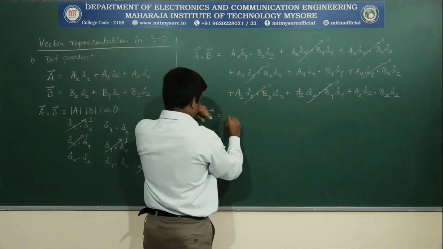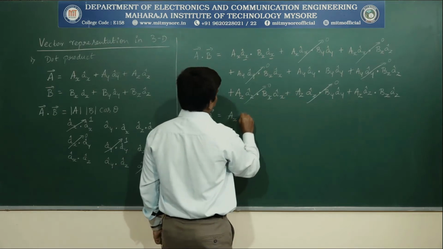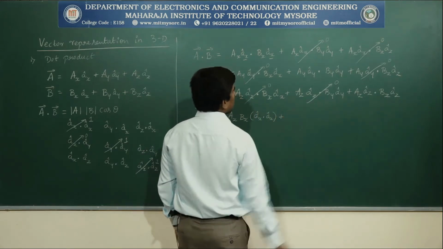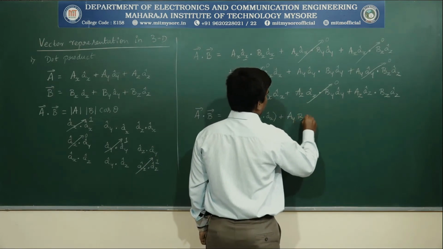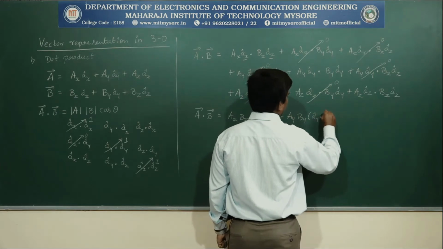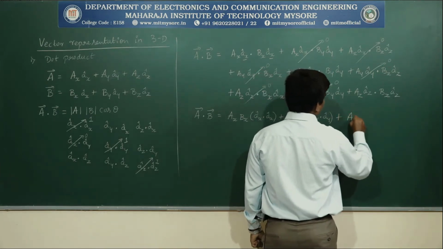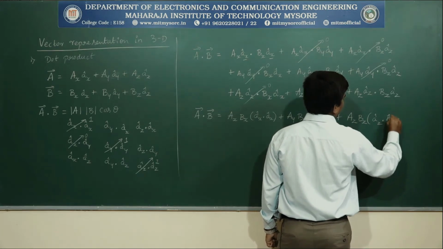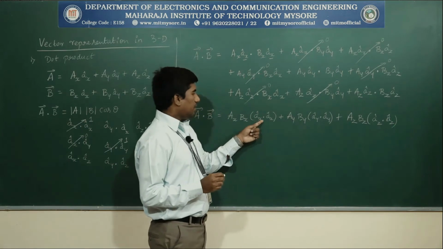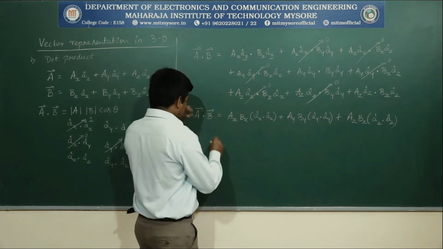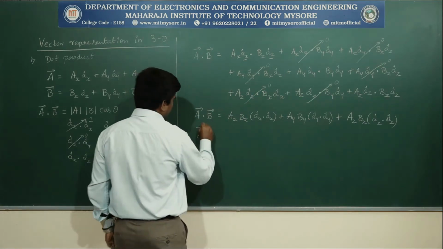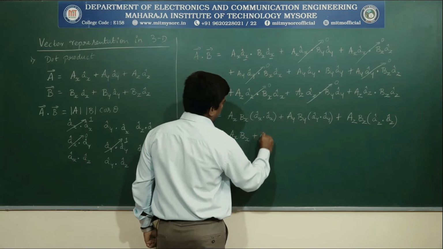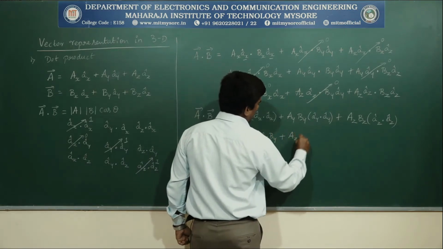The dot product between A and B is equal to Ax into Bx into A cap x dot A cap x plus Ay By A cap y dot A cap y plus Az Bz into A cap z dot A cap z. We know that A cap x dot A cap x is equal to 1. We have seen already. Then A dot B is equal to Ax Bx plus Ay By plus Az Bz.